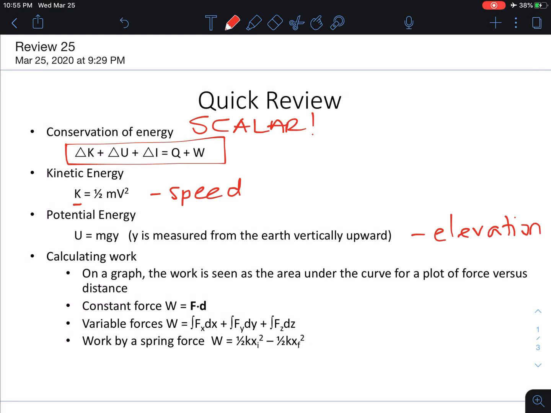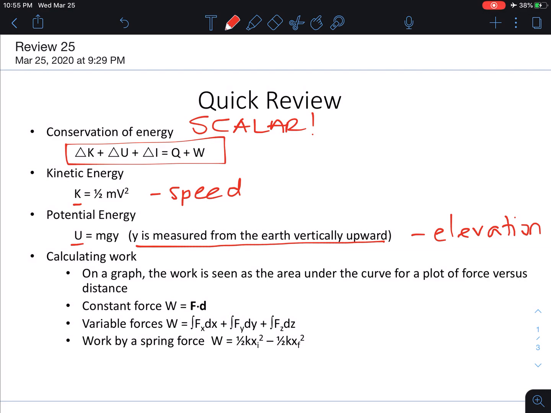One thing which is very important, and you have to show this in the problems, specifically for the U term in the energy conservation, is that you need to show your y-axis. It's always y, it's always vertically upward, and we always look at the bottom point and make that point 0 potential.